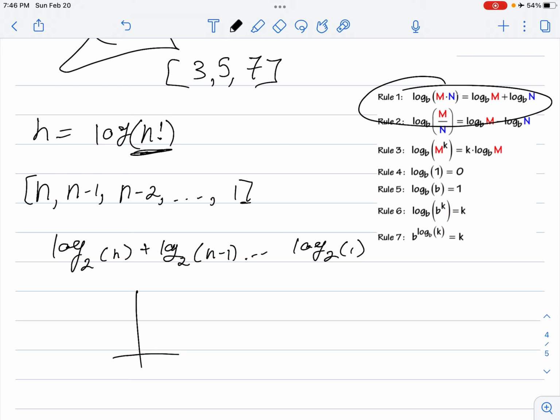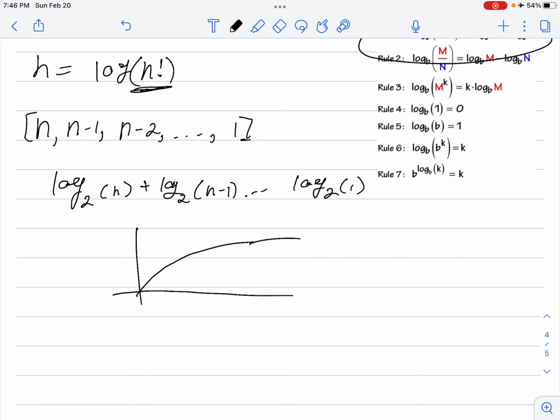if we think about this visually, log natural, or log of x in this case, would look kind of like this, right? But now we're summing up everything from 1 to n, and that's effectively taking the area under the curve, which screams integration to me.